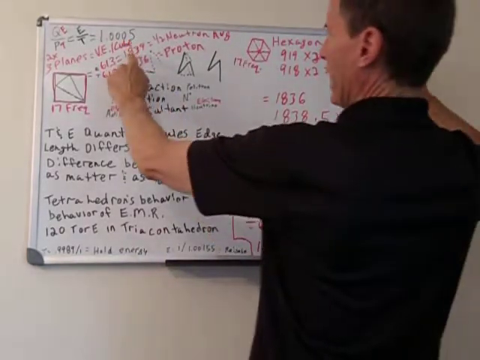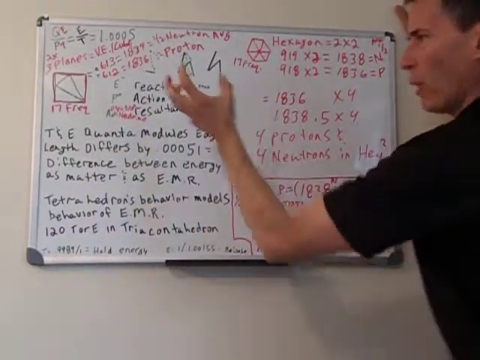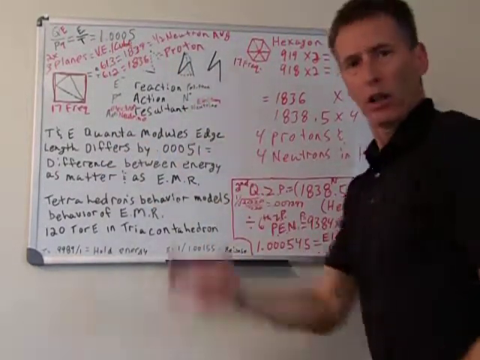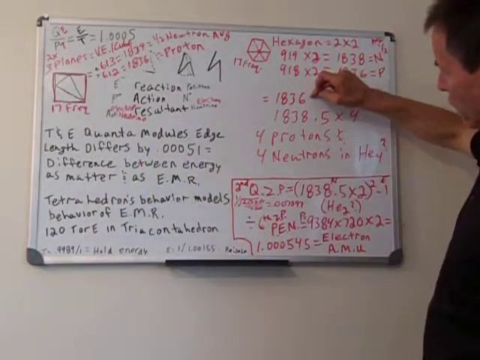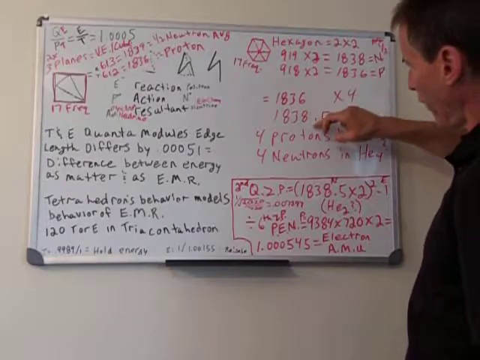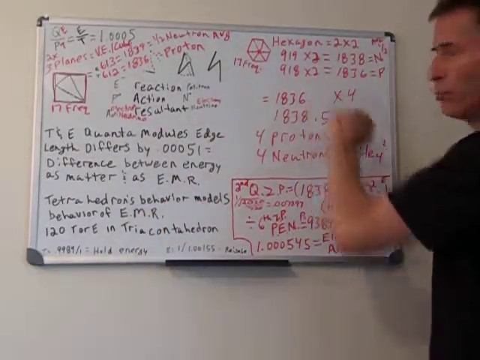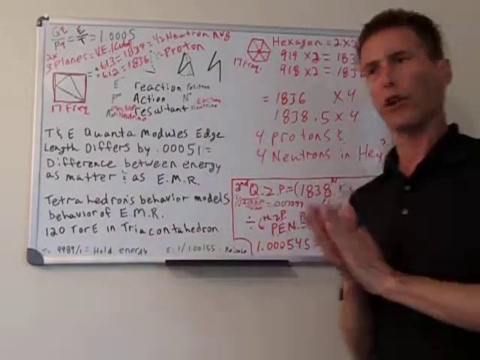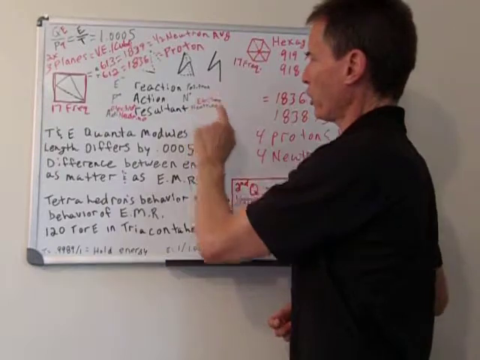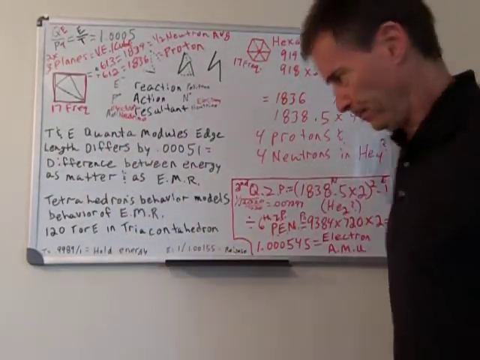Because the 1838 and the 1839 are ratioing at an average of 1838.5. And this shows how when you take one ball, that's one mass, like an electron, and you shift it from the 1836 to the 1838.5, within this dynamic structure, it changes the mass 2.5 because of the way it's being used, not because of imaginary particles like positrons and electron neutrinos and anti-electron neutrinos.